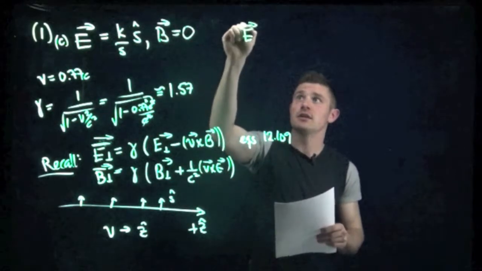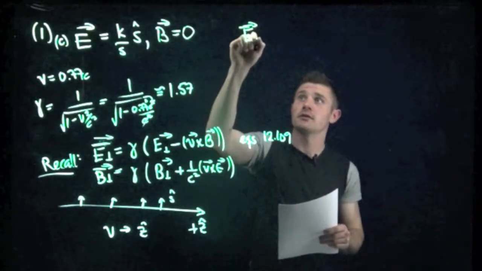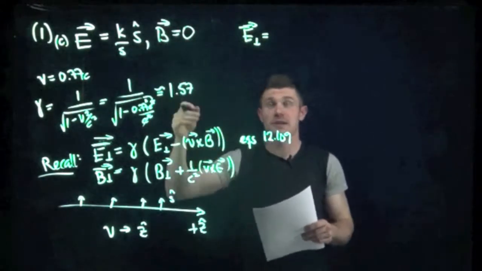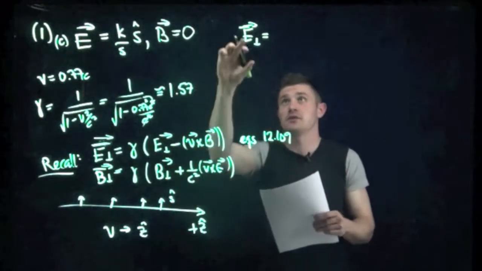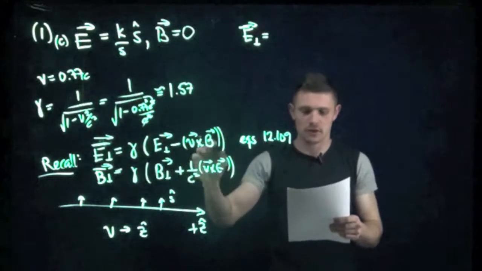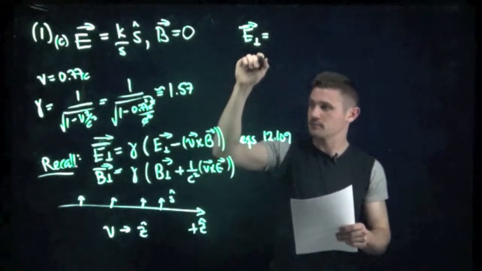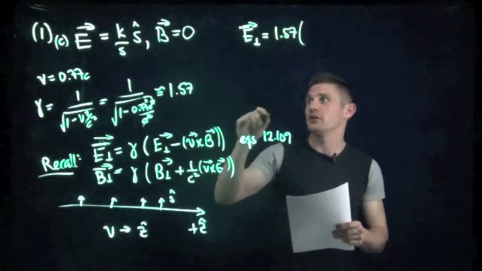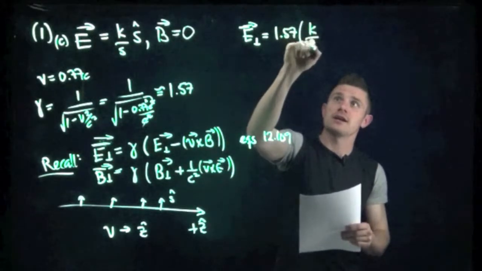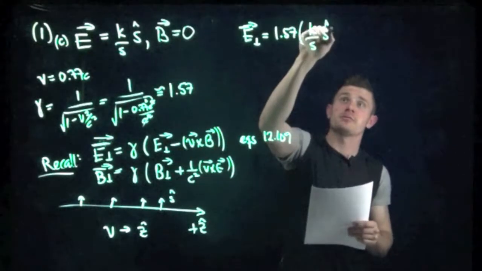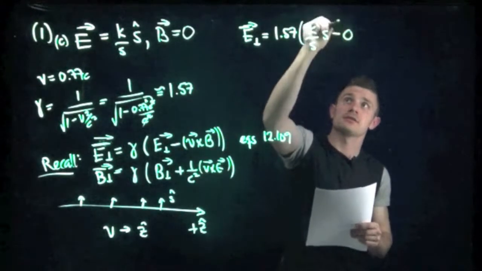So we see that the E bar perpendicular vector, and it's hard because you always have to put the vector on top of the electric field as well, because it is an electric field vector, so you have to include the bar, is given by this equation here. So we have 1.57 from our gamma multiplied by our initial electric field, which was k over s hat, minus V cross B, but of course B was 0, so this is just minus 0.